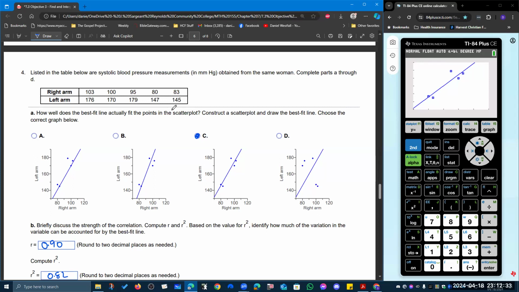Is there something physiologically going on in the left arm that's causing the pressure to be higher, like some kind of blockage or something like that? Or in the right arm that's causing the pressure to be lower, like some kind of bleeding issue or something like that.